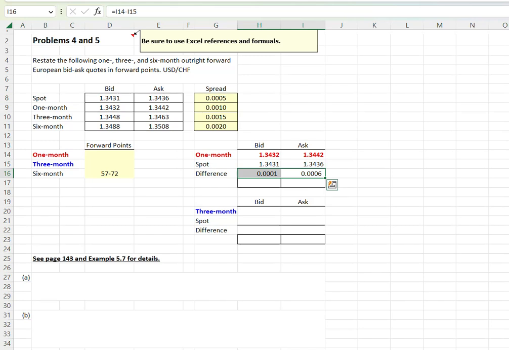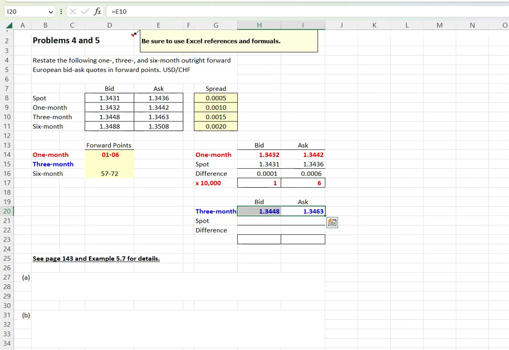The difference between the 1 month bid price is 0.001. The difference between the 1 month ask price is 0.006. And we take that difference and we simply multiply it by 10,000, and we get forward points of 1 and 6. So this would be quoted as 01-06.